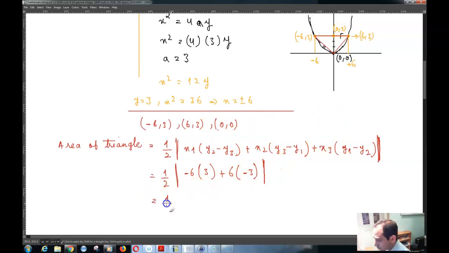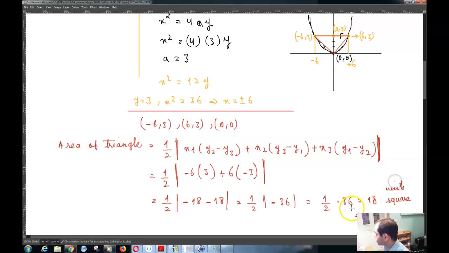So this is equal to 1/2 times the absolute value of negative 18 minus 18, which is the absolute value of negative 36, which is 1/2 of 36, which is equal to 18 square units. So the answer to question number 6 is 18 square units.